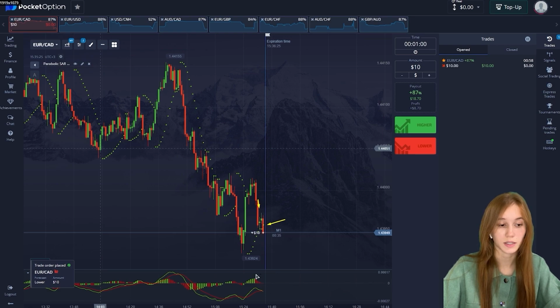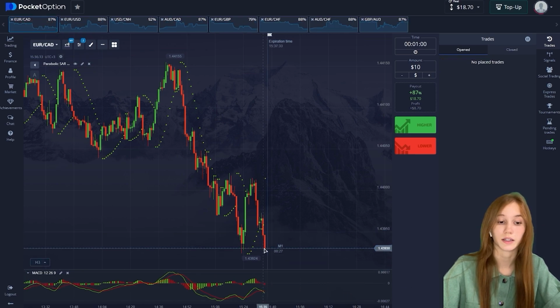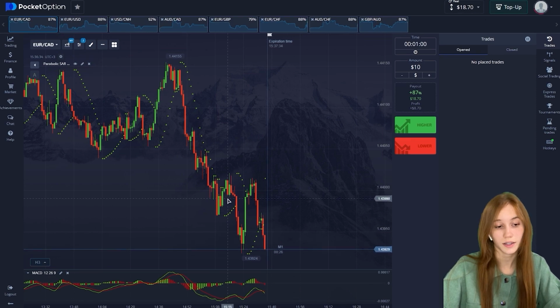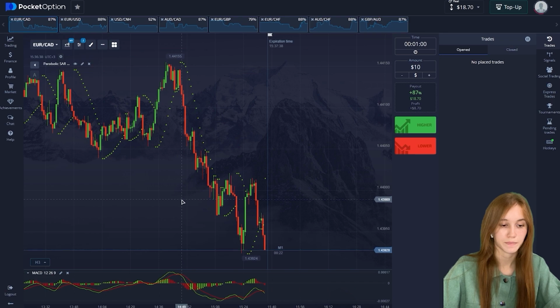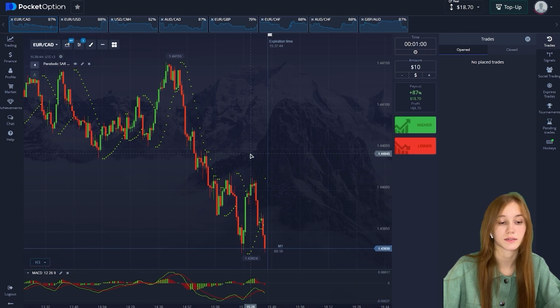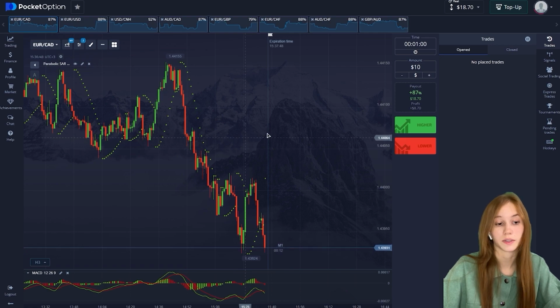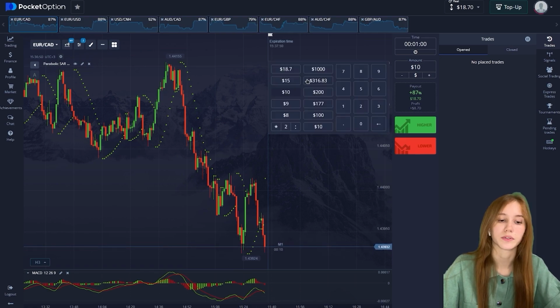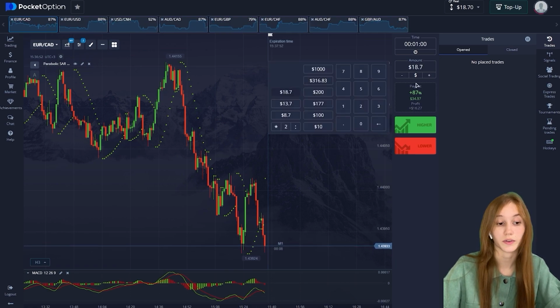So by MACD we have a red bar, value to 0, and by moving averages we also see that the red is beginning to prevail over green, and our deal is going to plus. Yeah, good. Unfortunately, the deal will not always close in the minutes, as we said, and it's not always possible to tell you in the minutes everything you need to know in order to open the right deal in one direction or another.